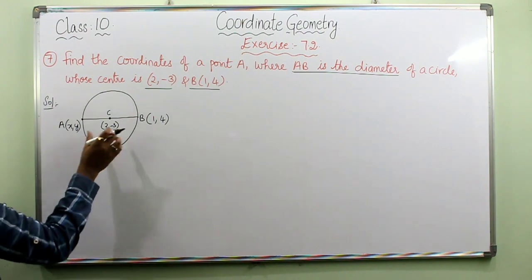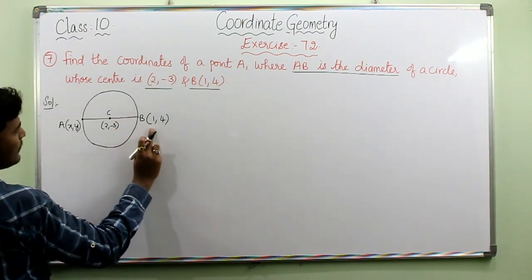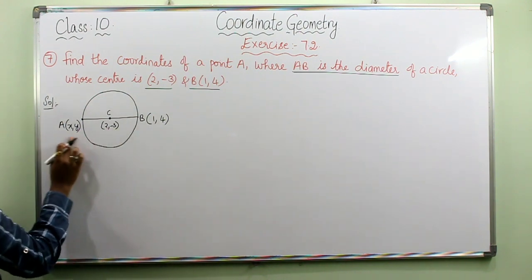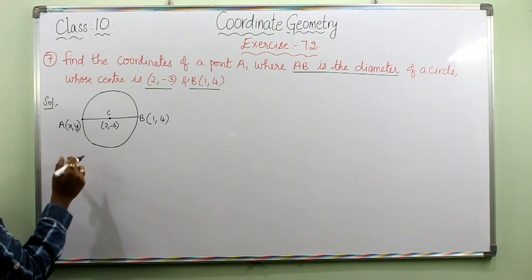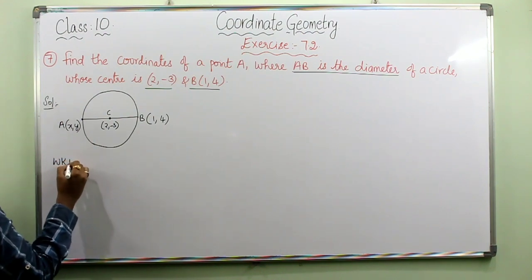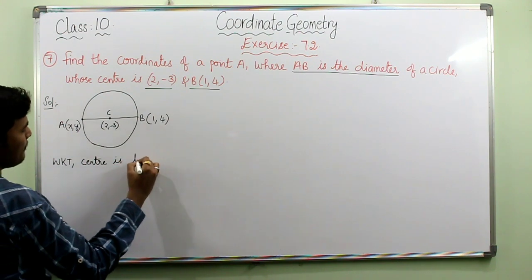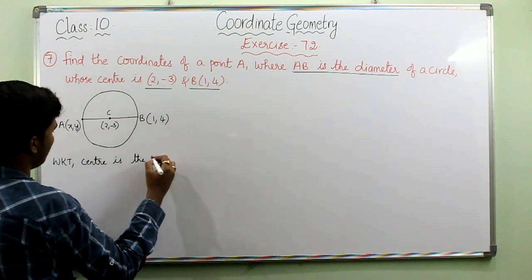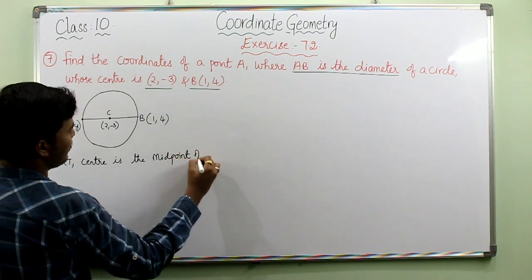We have assumed the center C as (2, minus 3) and B is given, that is (1, 4). As A is not given, we are taking it as (x, y). So we know that the center is the midpoint of diameter AB.